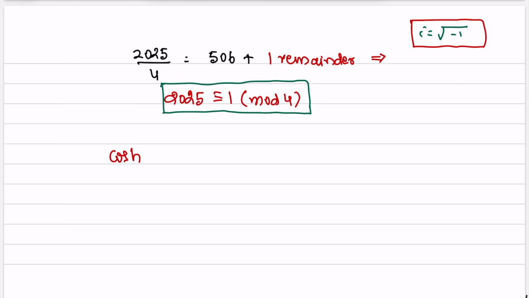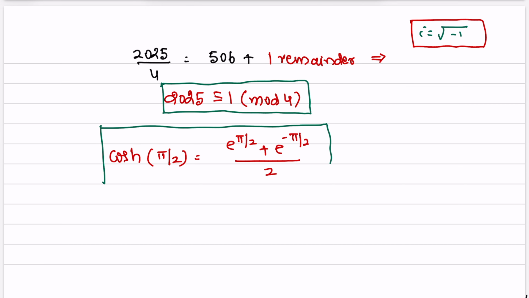It is not cos pi by 2, it is cos hyperbolic pi by 2. Cos pi by 2 is 0, cos 90. But cos hyperbolic pi by 2 is equal to e to the power of pi by 2 plus e to the power of minus pi by 2, by 2. This is a very, very important formula. Please remember it. This is the hyperbolic function.